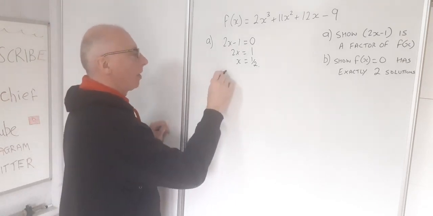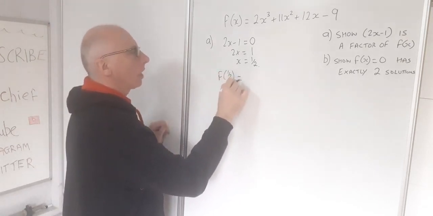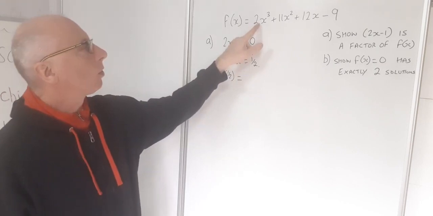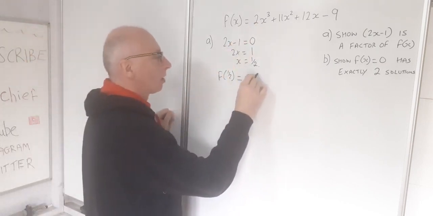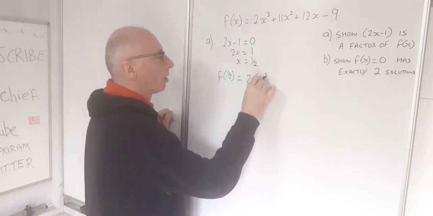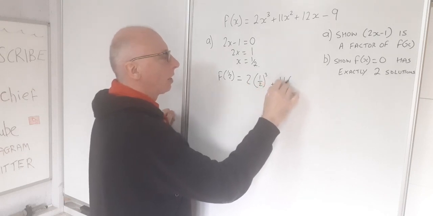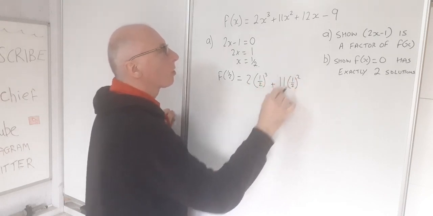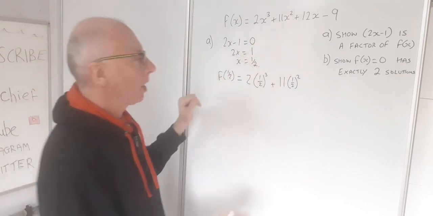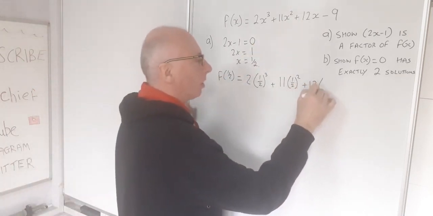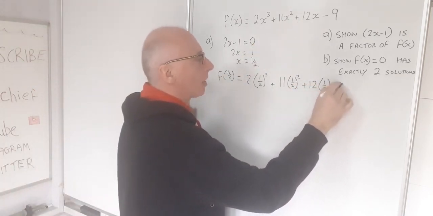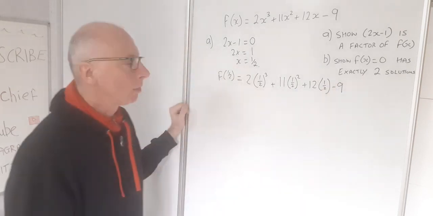So let f of 1 half equal 2 times a half cubed plus 11 times a half squared plus 12 times a half minus 9. And hopefully this will come to 0.